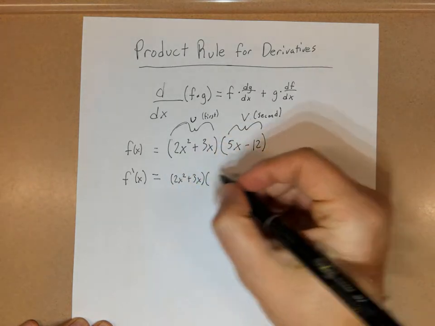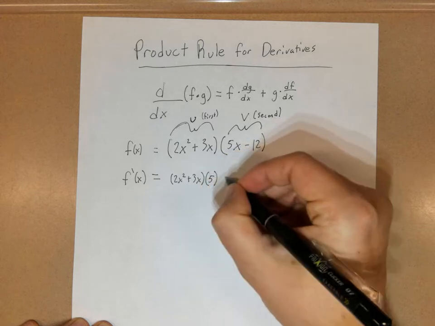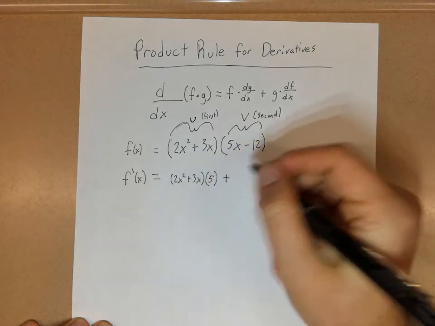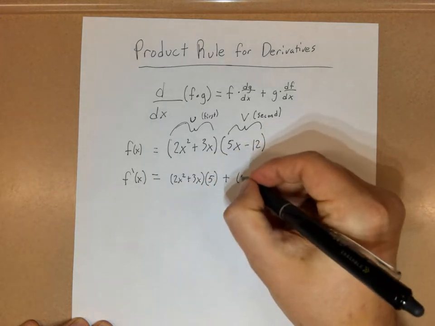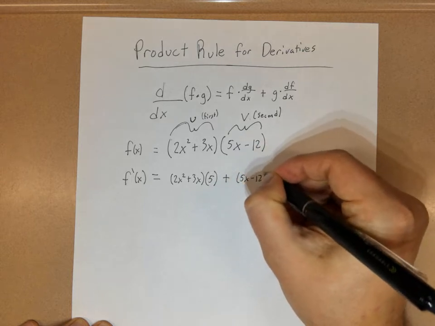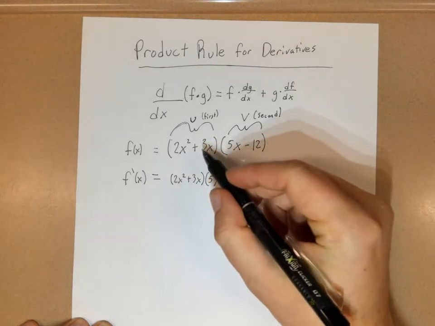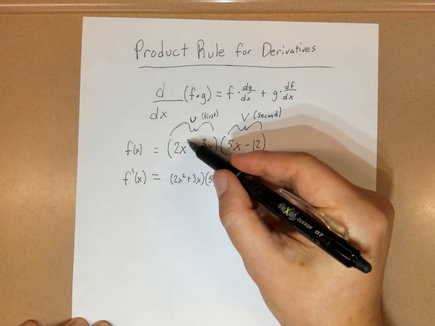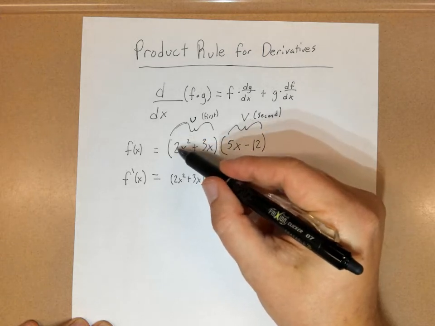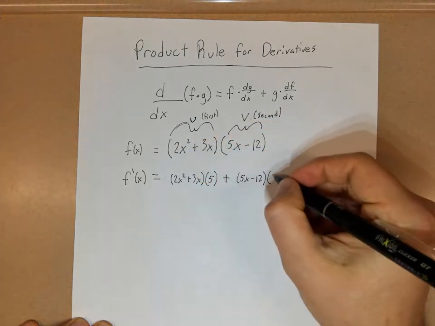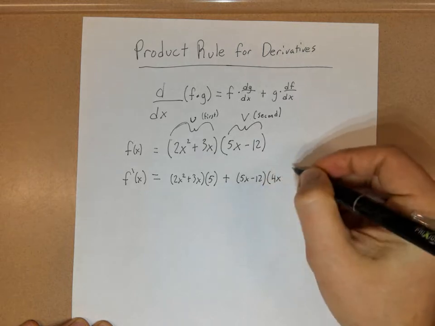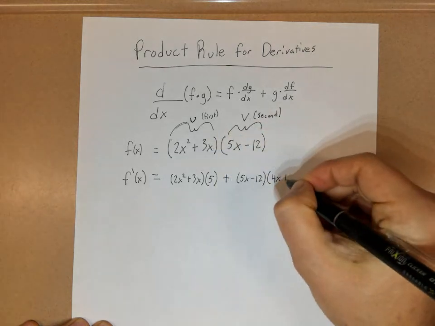the derivative of the second, which would be times 5. And then I'm going to add to that the second, so my 5x minus 12, times the derivative of my first. And so now if we're using the power rule, you'd have 2 times 2, which is 4. So this will just be 4x to the 1, or just 4x, and then plus 3.